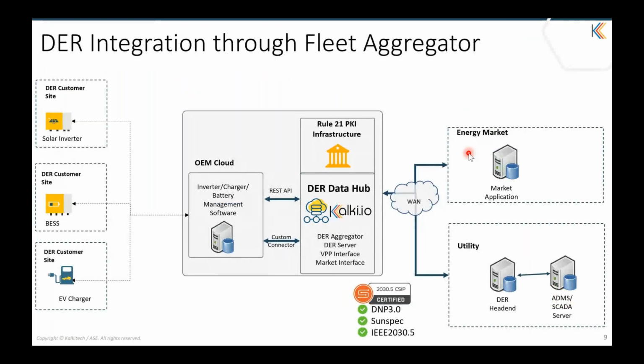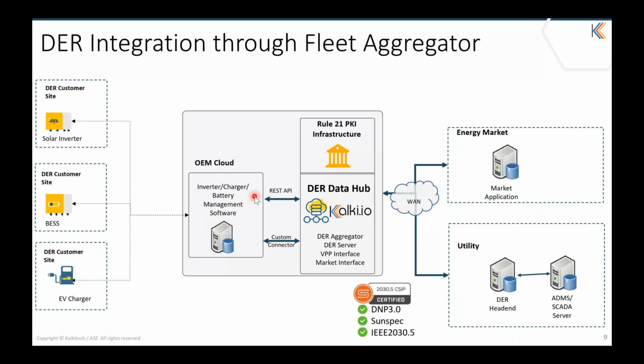Again, this is also an additional integration option where the DR data hub, which you see on the previous slide, which is acting as a DR aggregator, instead of directly connecting with the field devices or gateway, you can also connect with the OEM cloud.